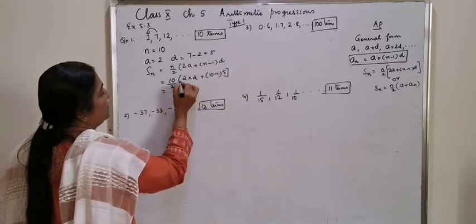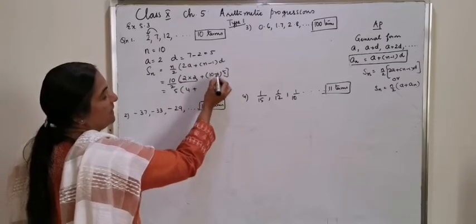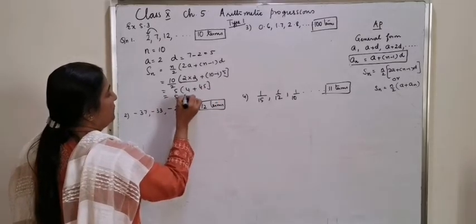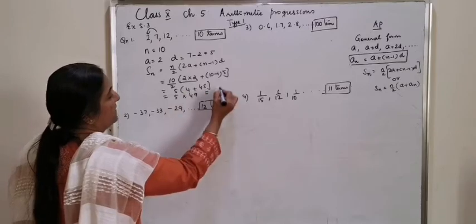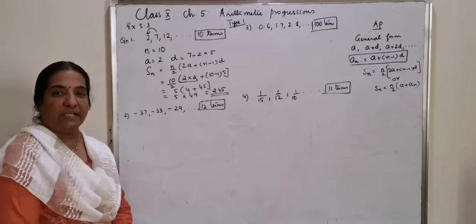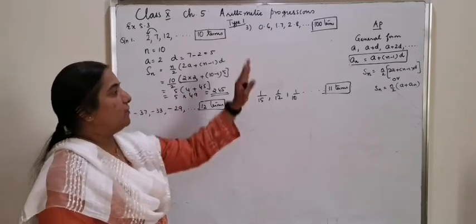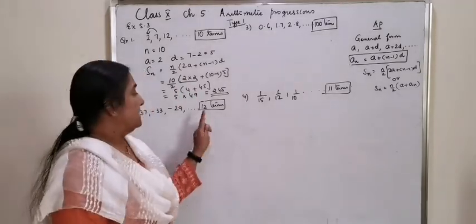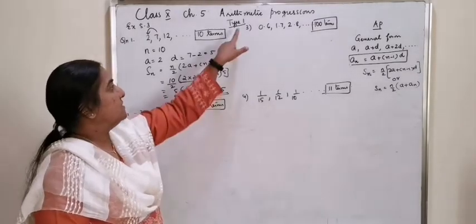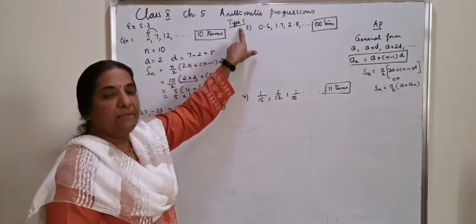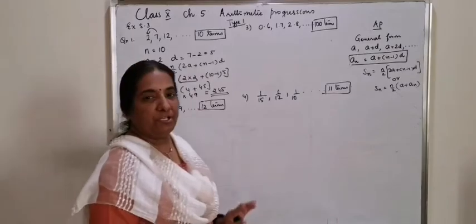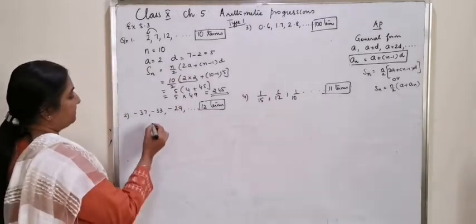That is 5 into 4 plus 10 minus 1 is 9, 9 5s are 45, which is equal to 5 into 49. 5 4s are 20, 245. All these 4 questions are direct because the term 12 terms means directly the value of n is given to you. That is why mark it as type 1. It can be asked as a 2-mark question. Let's proceed with question number 2, 3 and 4 subdivisions.